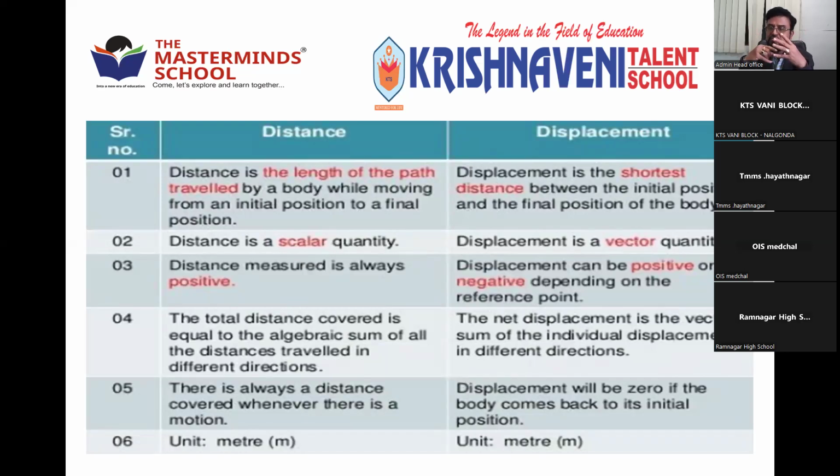In our daily life, there is no difference between distance and displacement, but in physics there is a huge difference. You can see on the screen, the total length of the path traveled by a body is called distance, whereas the shortest distance between the initial position and final position is called displacement.